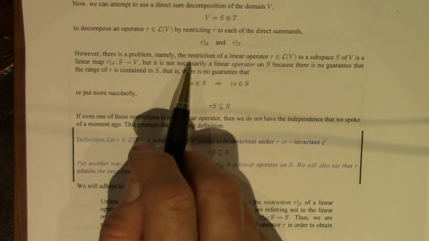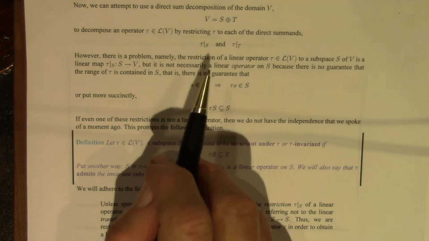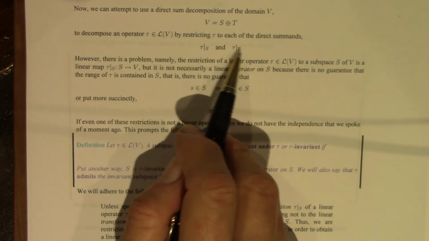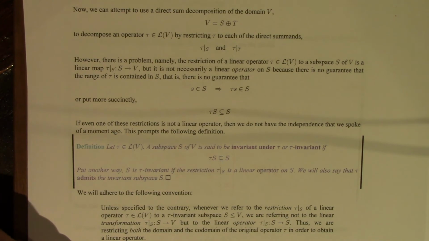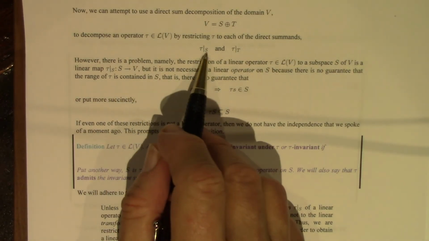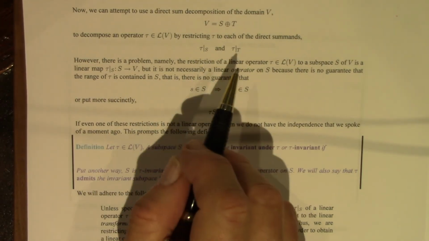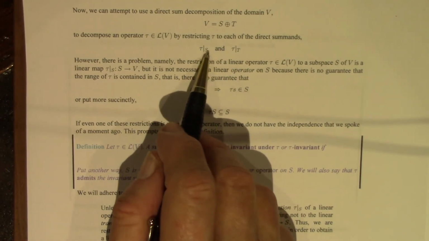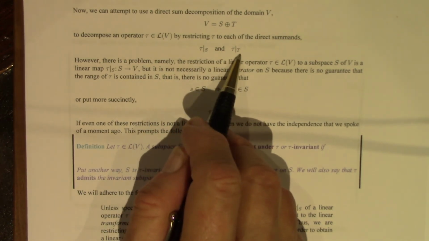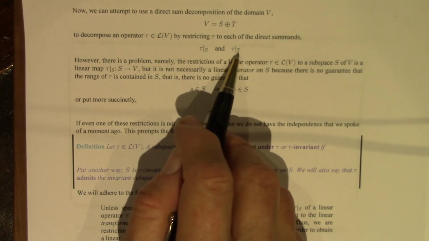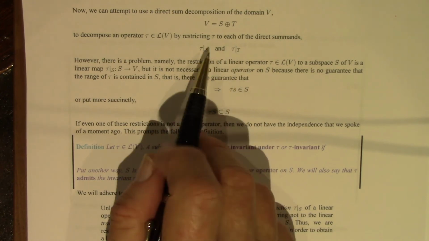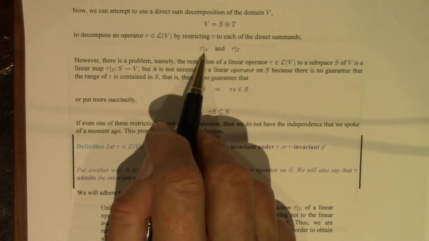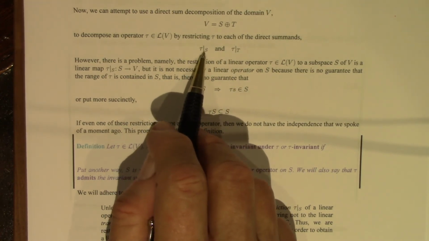But there is a potential problem. Each of these objects needs to be studied on its own right, and so we're going to need some independence in order to do that. We don't even know if these are legitimate linear operators. Is the restriction of tau to S actually a linear operator on S?